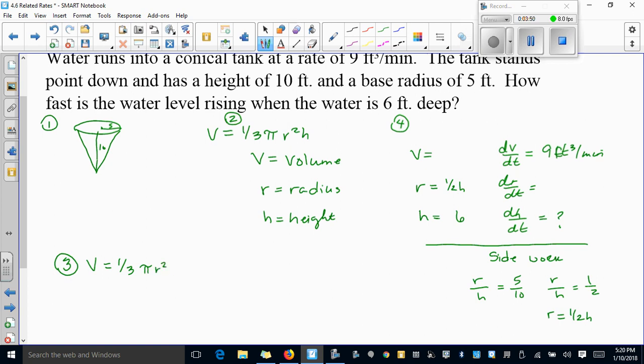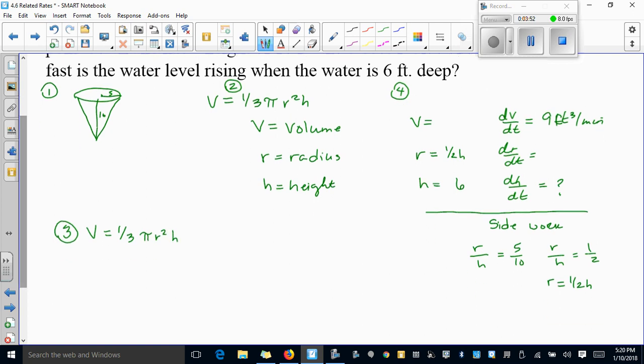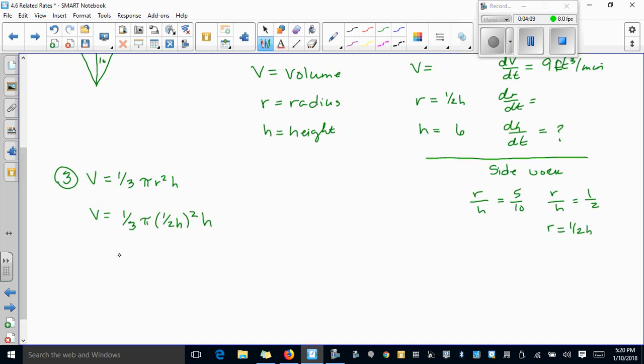So this gives us 1/3 pi, and this gives us 1/4 h squared times h. So in the end, volume is, my denominator is going to be 12, so I'm going to have h cubed pi all over 12. In the end, that's my equation.